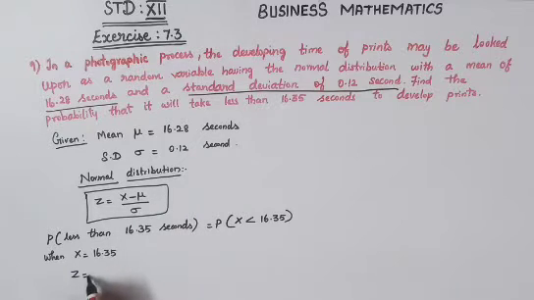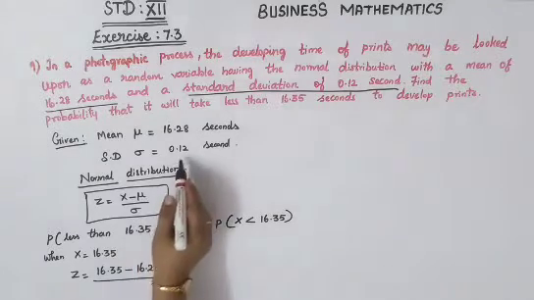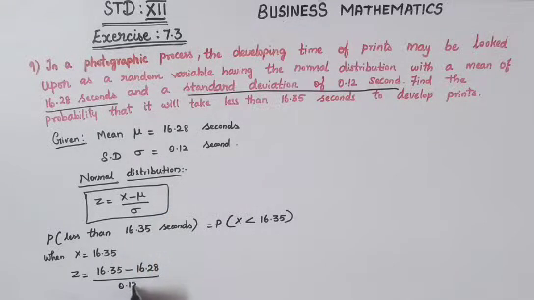So Z is equal to x minus mu, that is 16.35 minus 16.28, divided by sigma. Sigma is 0.12. So subtracting, you will get 0.07 divided by 0.12.